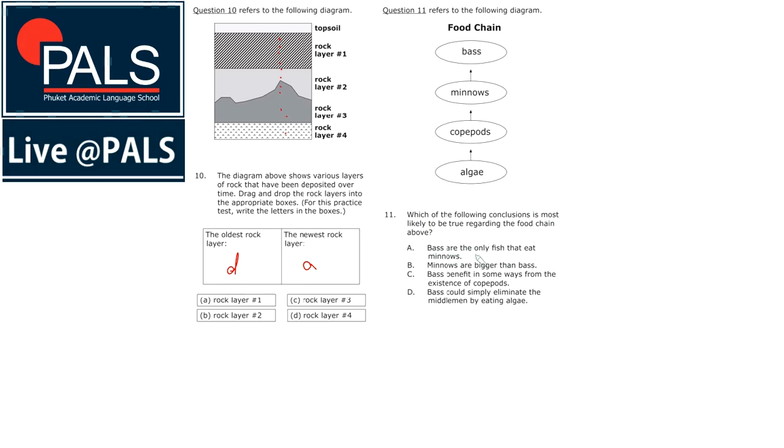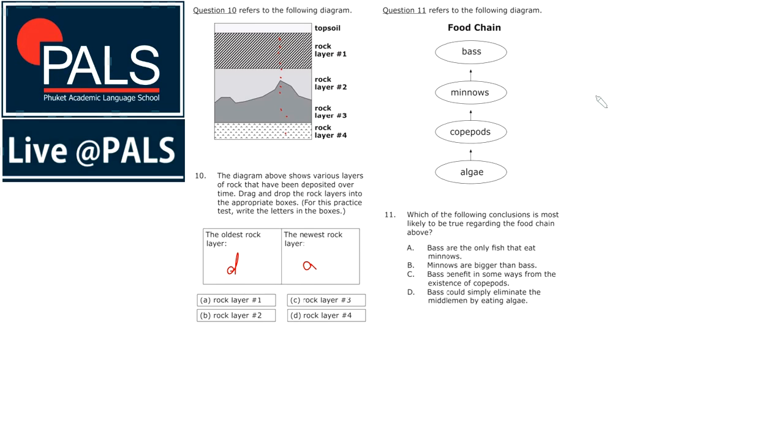Bass are the only fish that eat minnows. So we could eventually conclude that, but usually, or in general, the food chain does not show all feeding relationships in an ecosystem. A food chain only shows the way that energy takes through an ecosystem from one organism to the next, but there are usually many, many different possibilities for that.